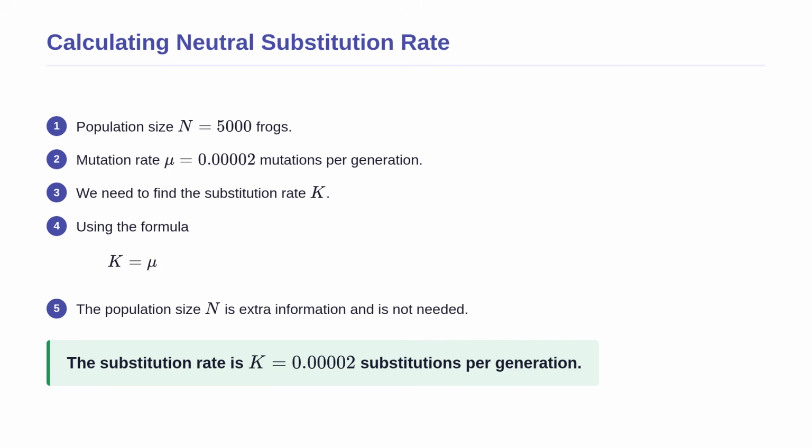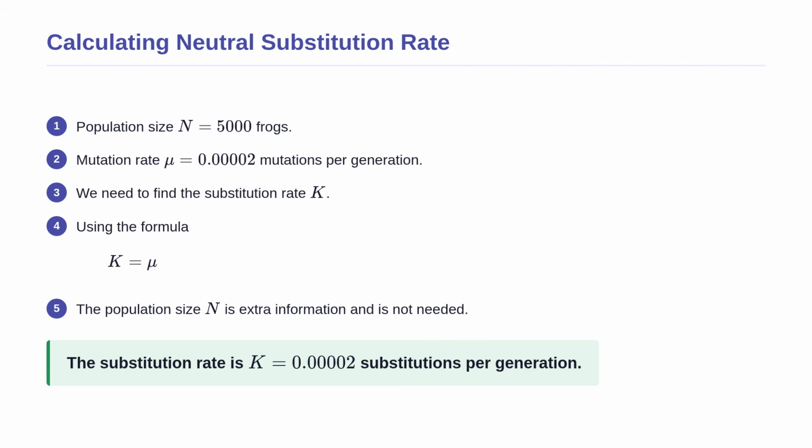Before we prove why this simple formula works, let us see it in action with a concrete example. Imagine a population of 5,000 frogs living in a secluded pond. Scientists have determined that the neutral mutation rate for a specific gene in these frogs is 0.00002 mutations per gene per generation. We are asked to find the rate at which neutral substitutions will accumulate. We know our formula is K equals mu.